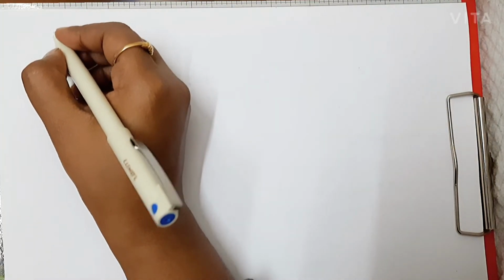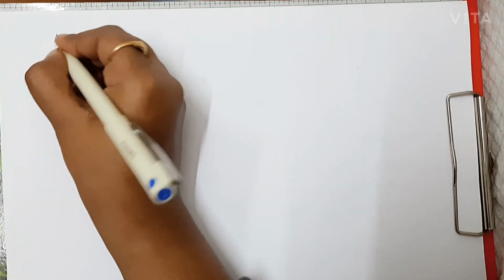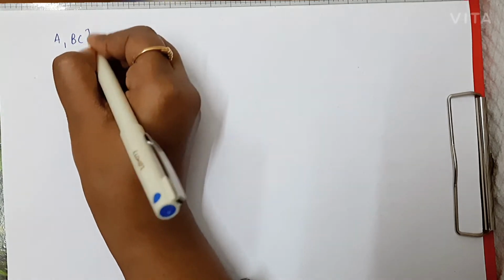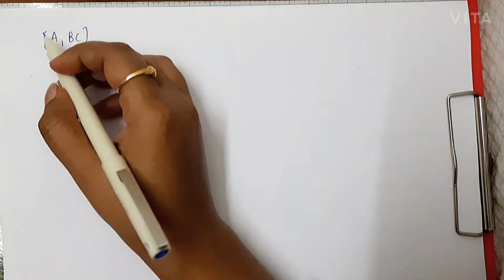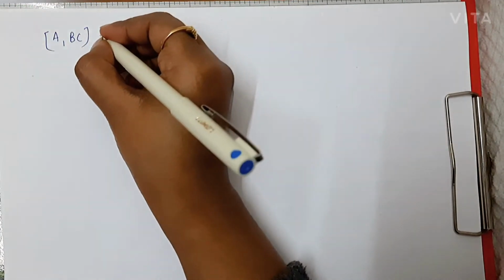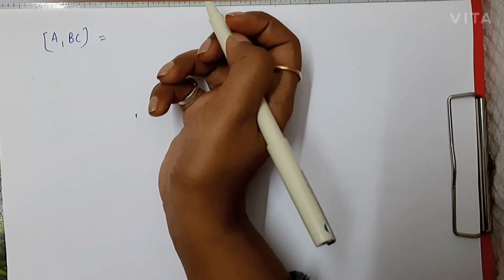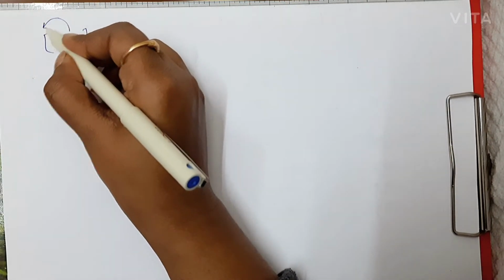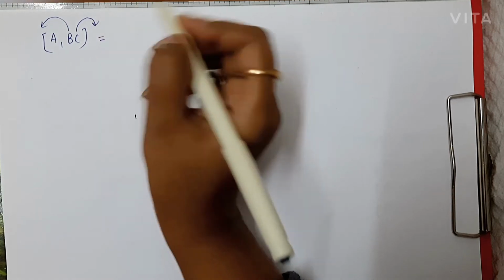So now we will study some of the properties of the commutator operators. The first property is, if we want to find out the commutation for A and B into C, these two are multiplied. So how can you open them up? First, how you can remember this: take out B to the left side and then C to the right hand side.